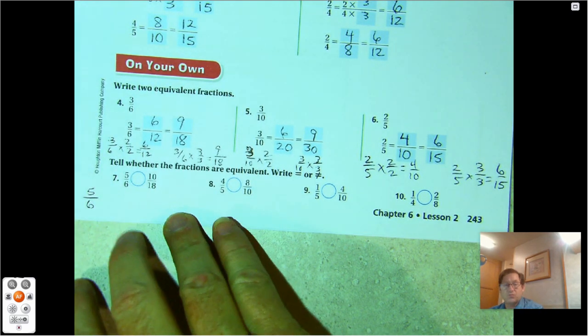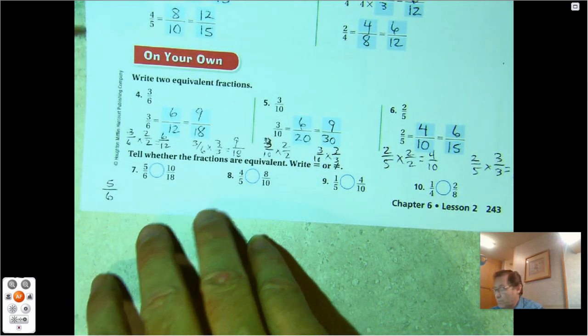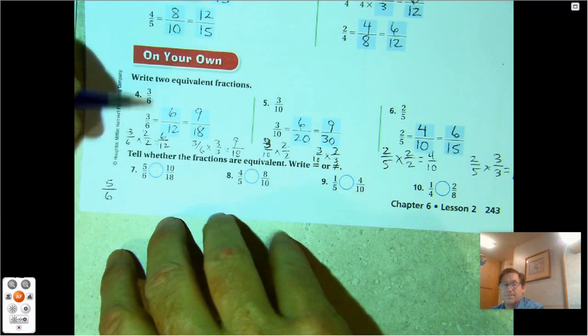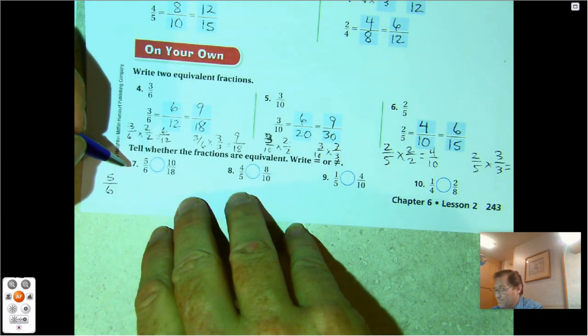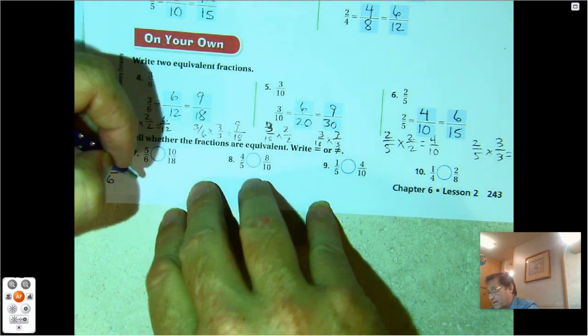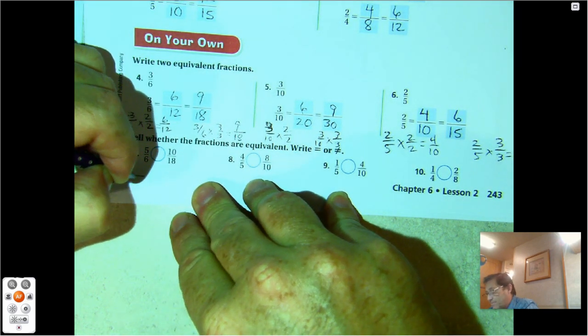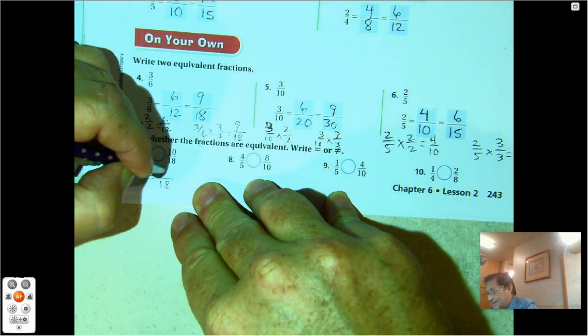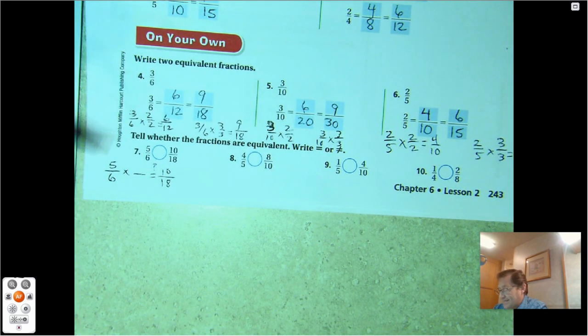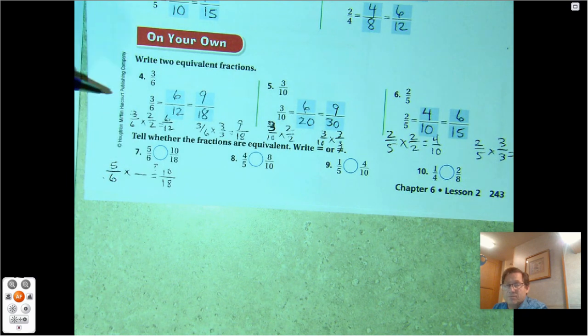All right, tell whether these are equivalent to each other. You just choose one of the fractions. And since we're multiplying, I'm going to choose the smaller denominator. It actually is a larger piece. And see if I can multiply by anything to get that number. So can I multiply 6 to get 18 equal parts?